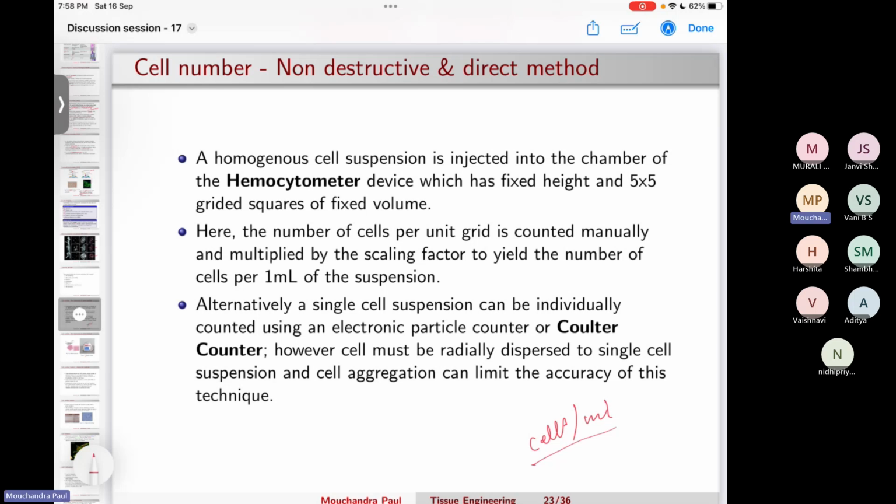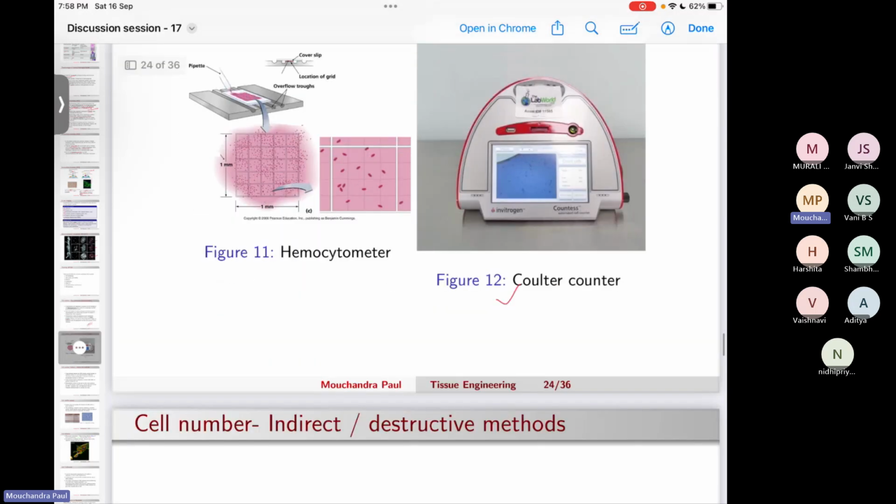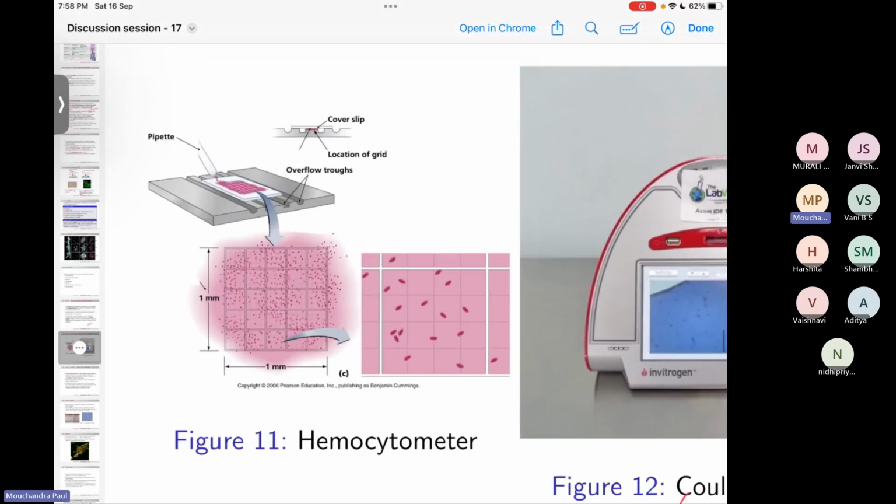People do it via two techniques: either the non-destructive direct method, where devices like a hemocytometer or Coulter counter are used, or a destructive method where the cell is lysed completely. In the hemocytometer, I was going to explain how the device looks.